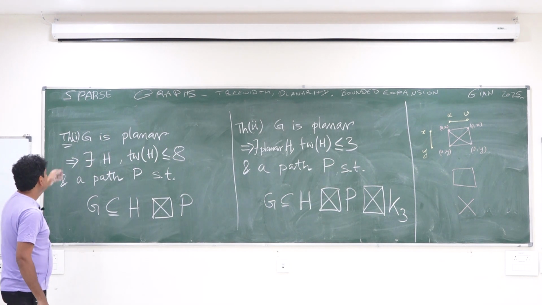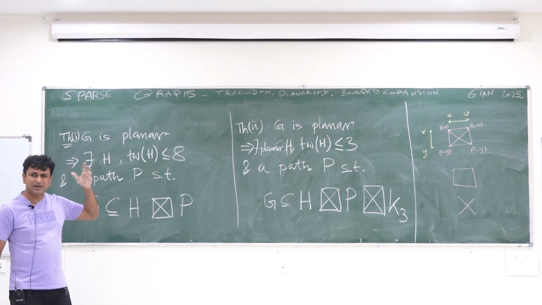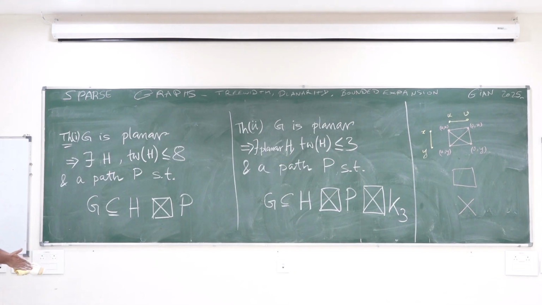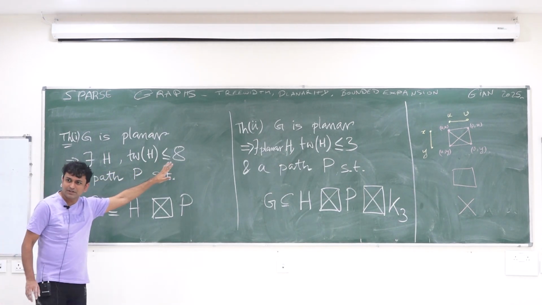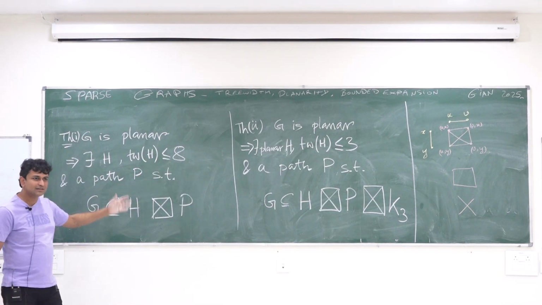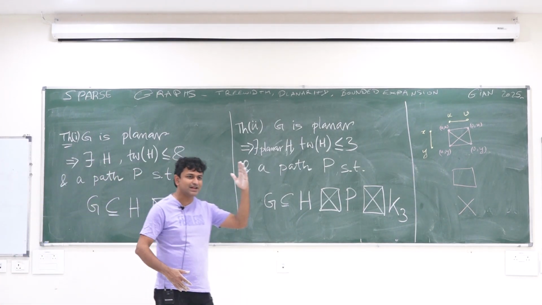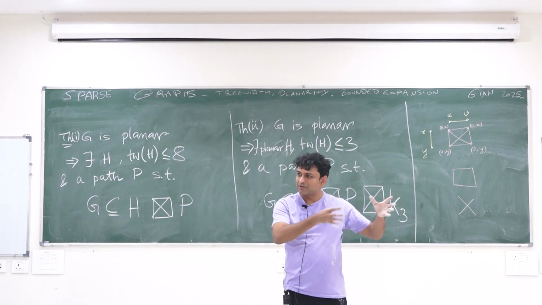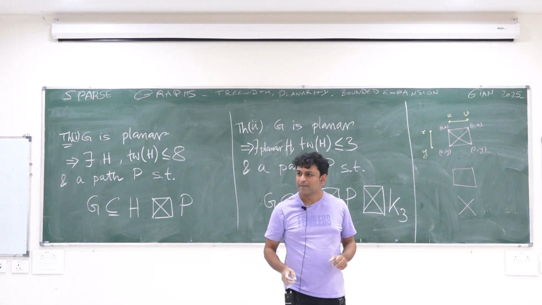What we have is, if G is a planar graph, the theorem says that there exists an H with low tree width, and here low means less than or equal to 8, and a path. You take H and the path, take their strong product, and your planar graph is sitting inside it.